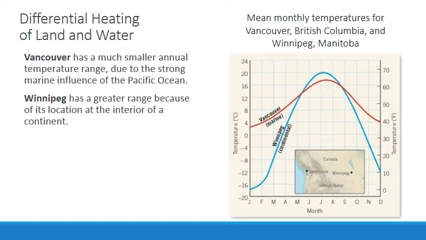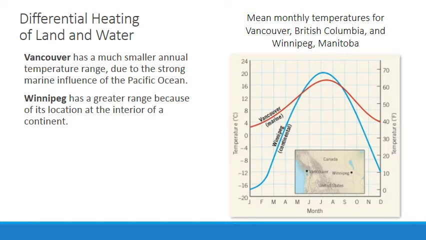Monthly temperature data for 2 cities demonstrates the moderating influence of a large water body, and the extremes associated with land temperatures are easily visible in a simple chart that we'll practice constructing in lab.